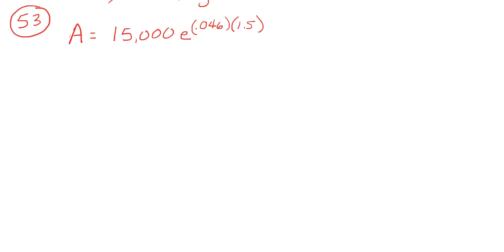So when you put in the percentage rate, the 4.6, that's the 0.046. 18 months is 1.5 years. That's where that came from. So this is just straight up calculator work. If you multiply this out, they would have $16,071.54.